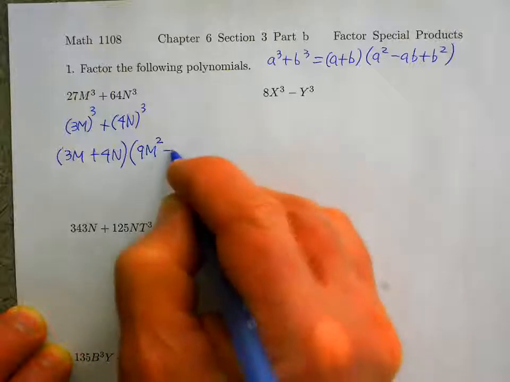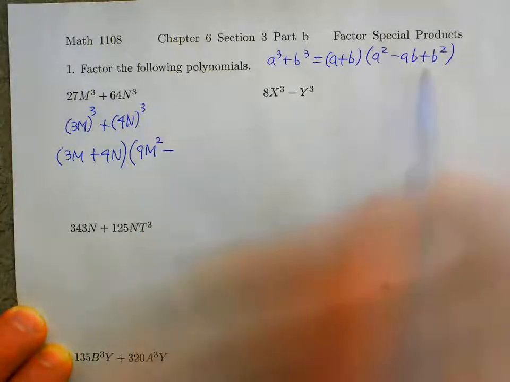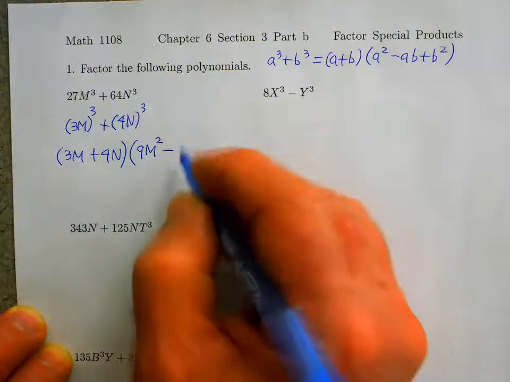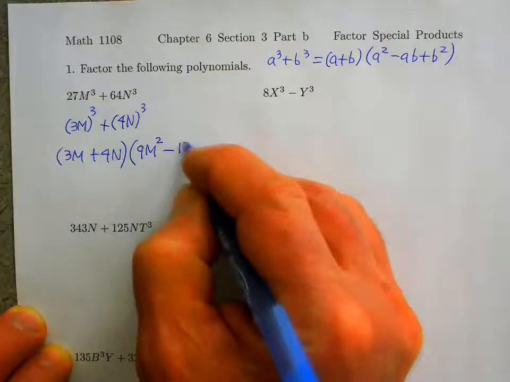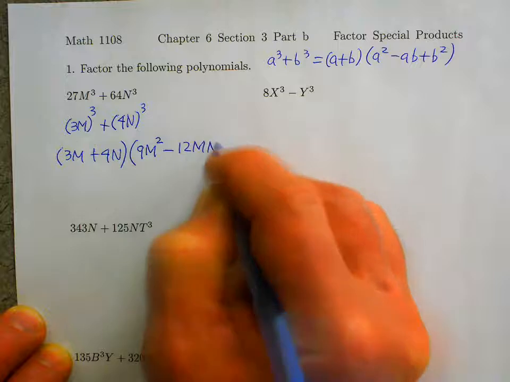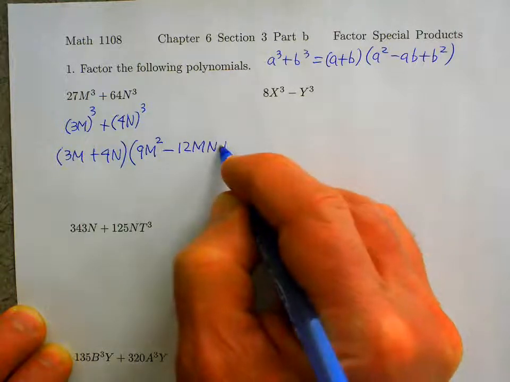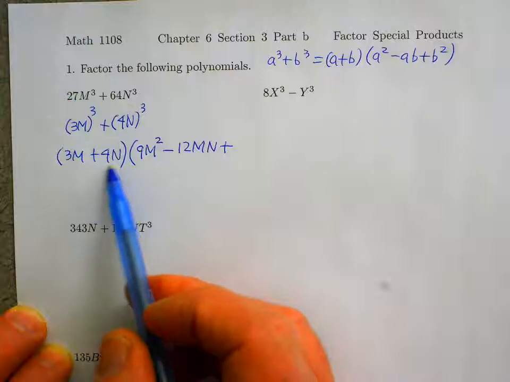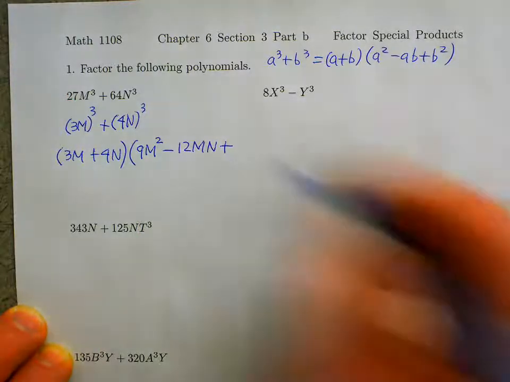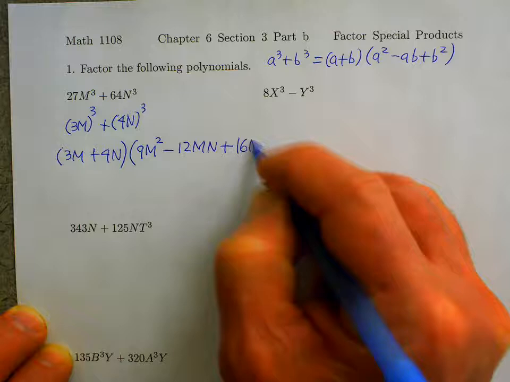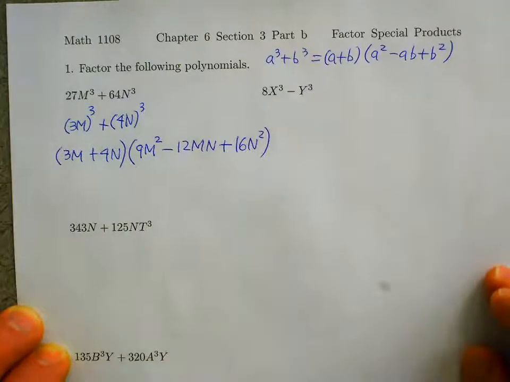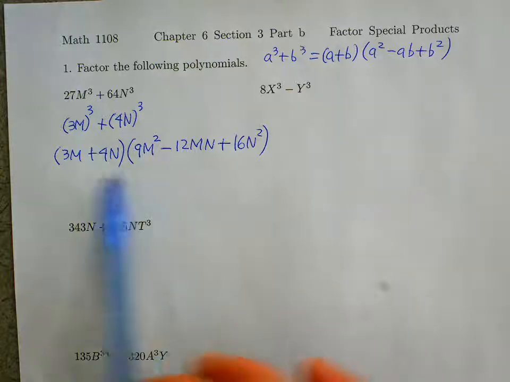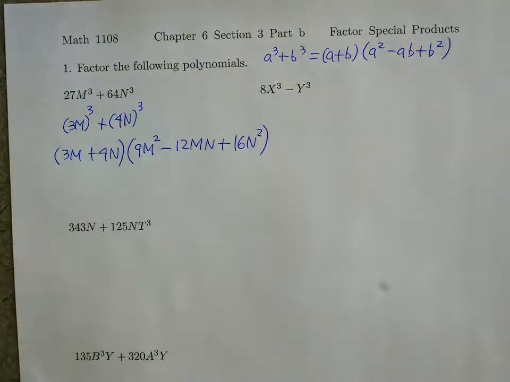And then we're going to subtract ab. So this time we're going to subtract 3m times 4n, or minus 12mn. And then we're going to add what we get when we square 4n. The term 4n squared is 16n to the second. Okay, so that is our factorization for that sum of cubes.